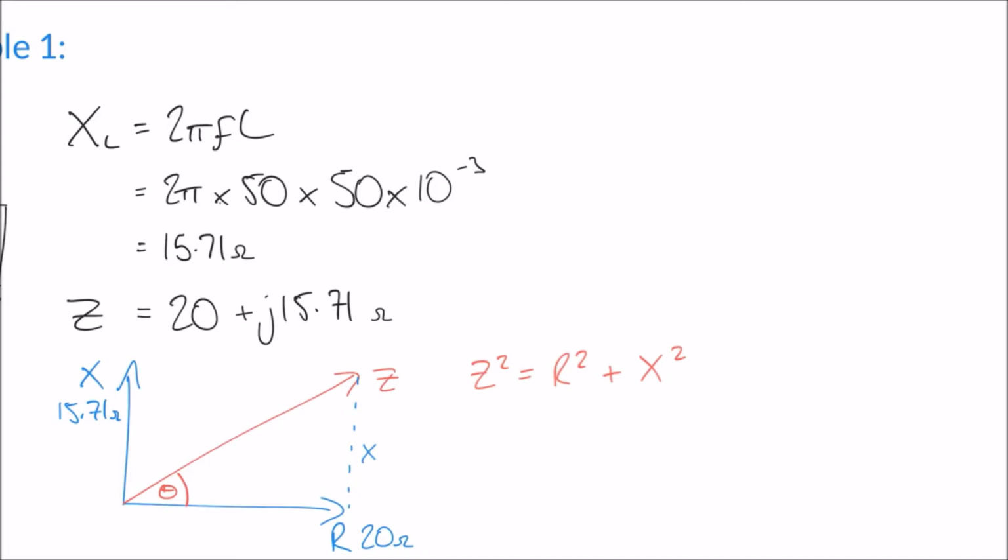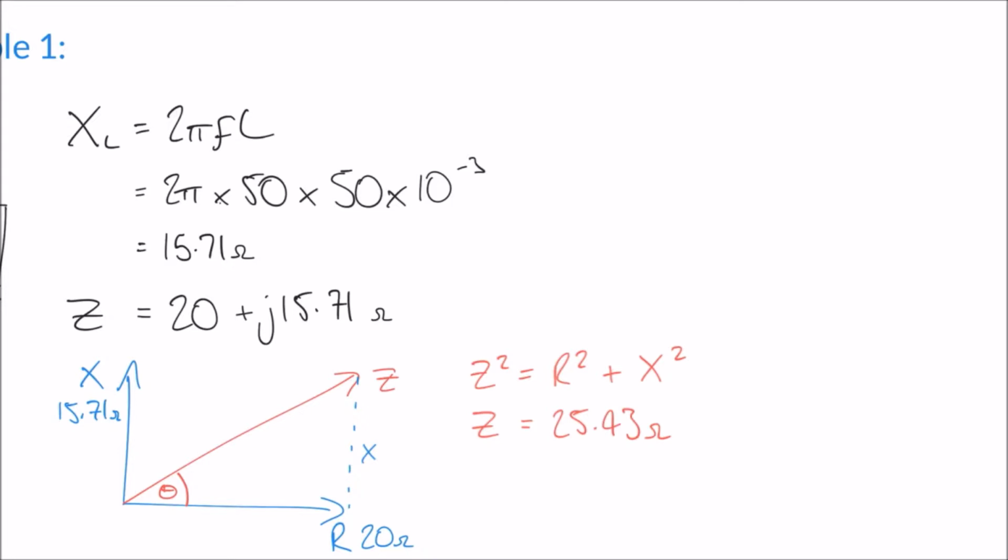By working that out, that would be 20 squared plus 15.71 squared, which would give me Z squared, and then square rooting that would give me a result for Z, which I'll just skip to here, and Z comes out as 25.43 ohms. The last thing to do is to work out this angle here marked on the diagram, the angle from the horizontal.